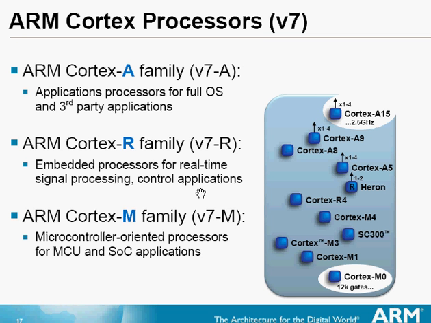Is it clear? It's very important. Version 7 instruction set and architectures are very popular, and that is called Cortex. So version 7 of the instruction set architecture coincides with the introduction of the Cortex product naming conventions. Wherever you see Cortex, it means it's the ARM version 7 architecture.